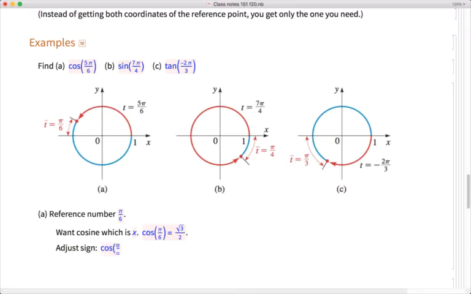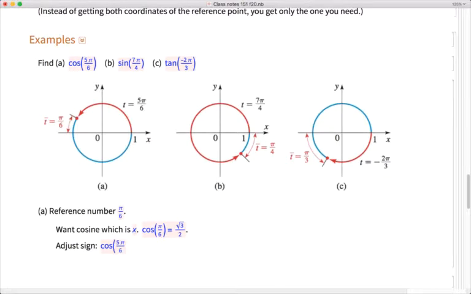But adjust the sign. Right, the number 5 pi over 6 should be negative. The number 5 pi over 6 is in quadrant 2, and so the x-coordinate is negative there.